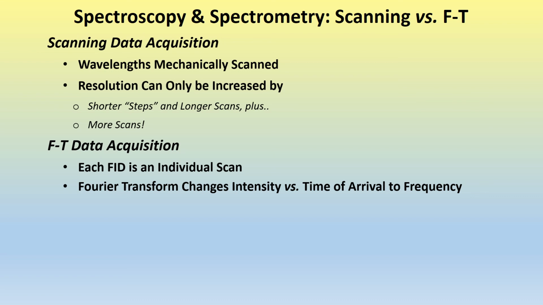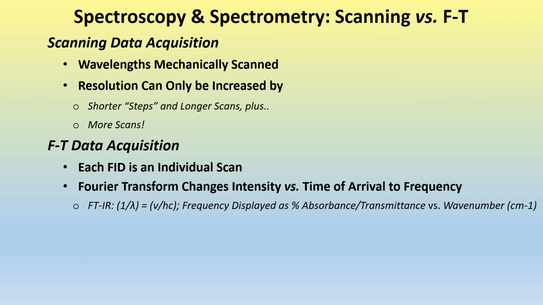For FTIR, 1 over lambda equals frequency divided by the speed of light in centimeters. Frequency is displayed as either percent absorbance or transmittance versus wave number after the transform. For FT-NMR, the frequency is directly related to the delta value because the frequency of resonance of the sample minus that of the reference, divided by the reference, equals delta.